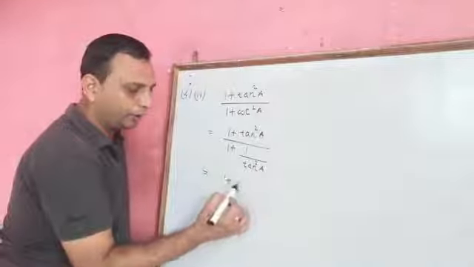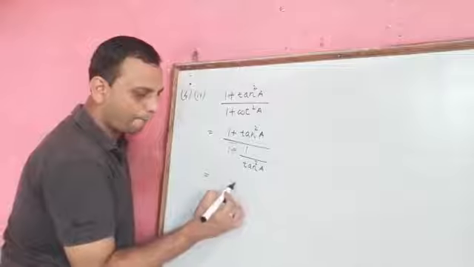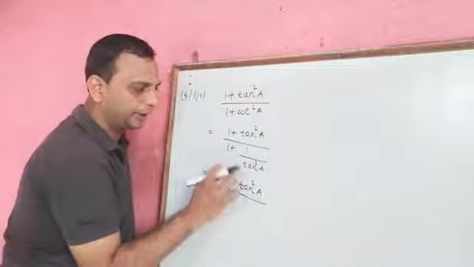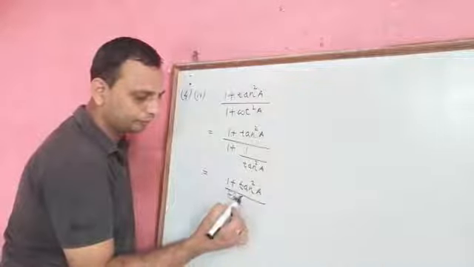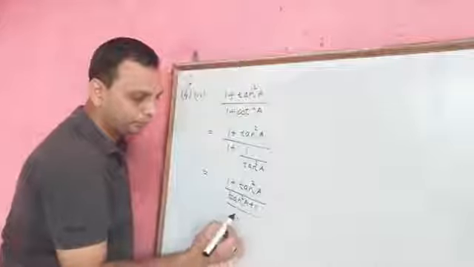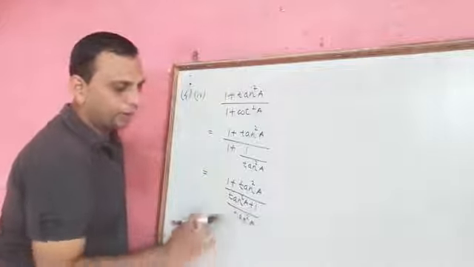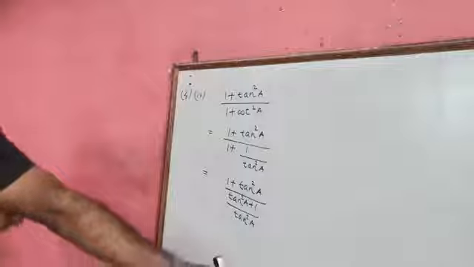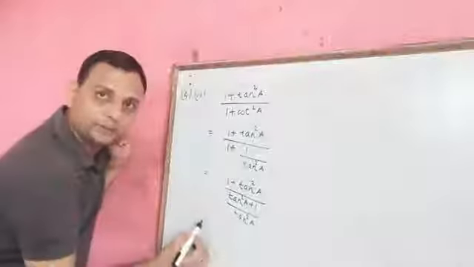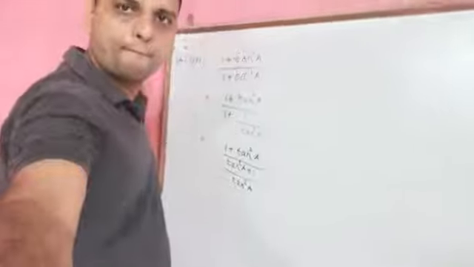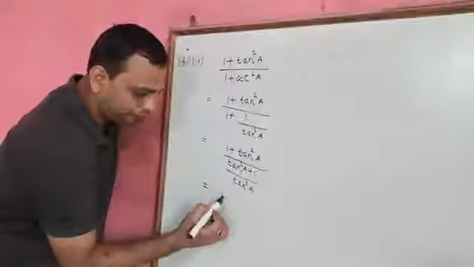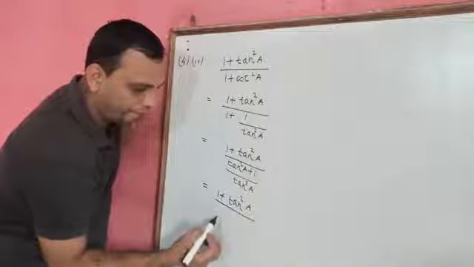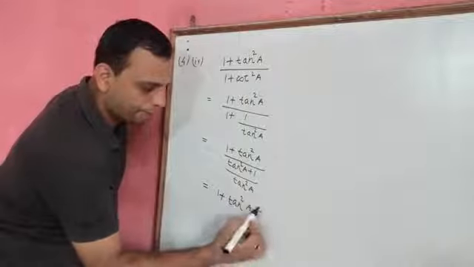Now we will take LCM. 1 plus, now you need to multiply with the tan square. Tan square A plus 1 upon tan square. Now 1 plus tan square and tan square A plus 1, both are same because the addition sign is there. So we can write 1 plus tan square A divided by tan square A plus 1 upon tan square.